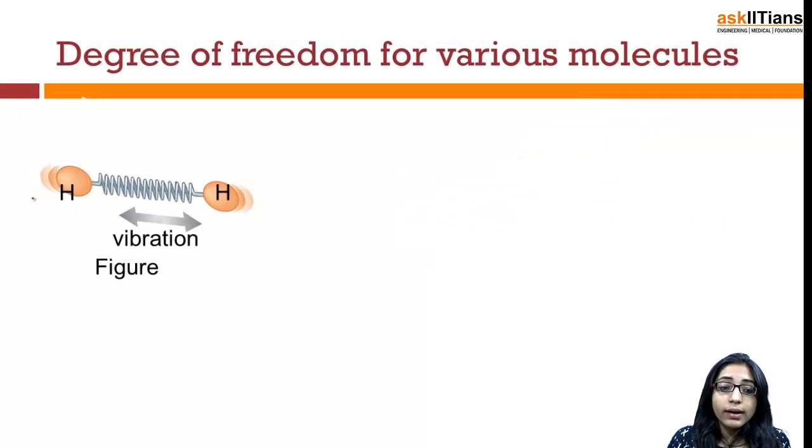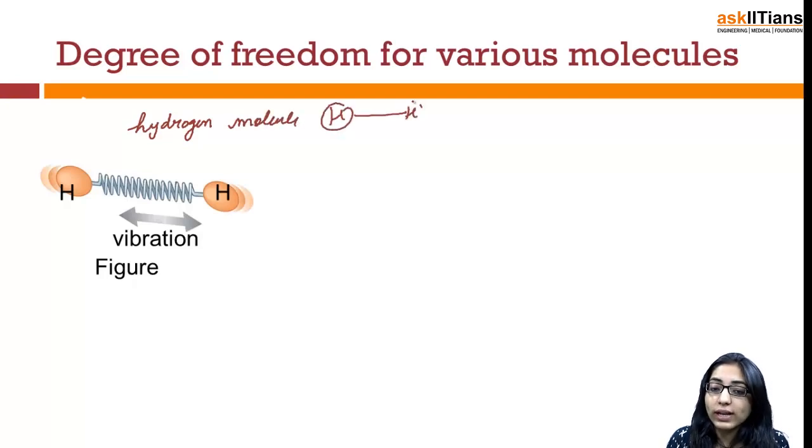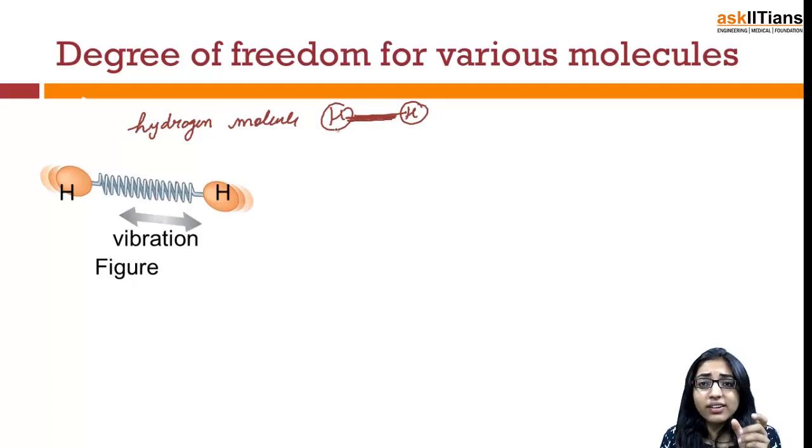If you have a hydrogen molecule, I mean that there are two hydrogen atoms which are joined together by some force of attraction. That force of attraction can be taken as analogous to a kind of string which is attached between these two atoms.